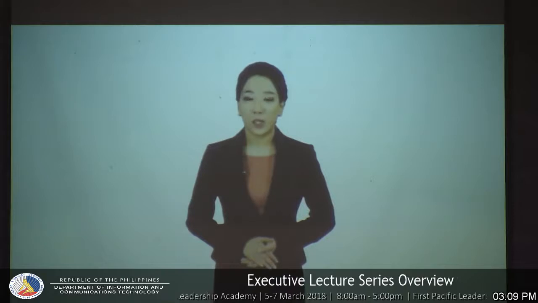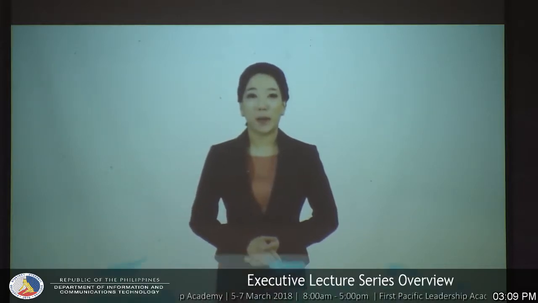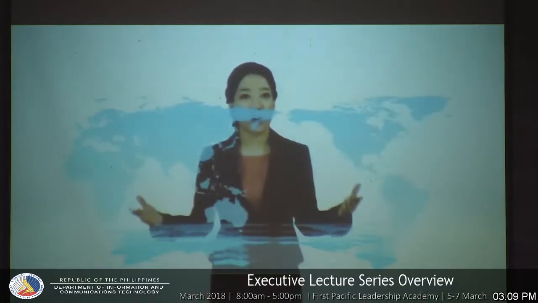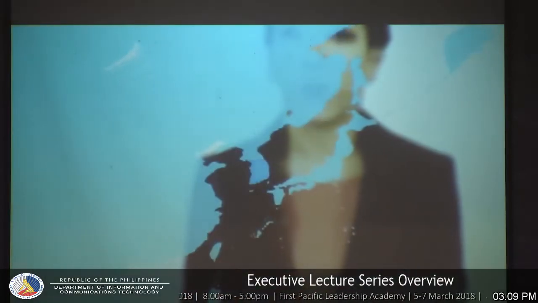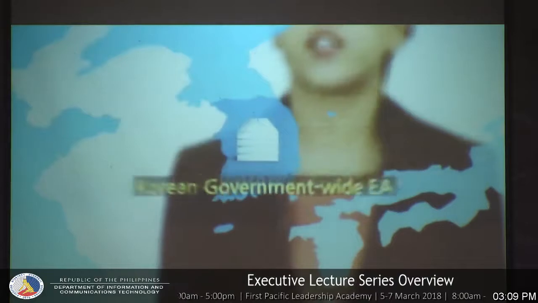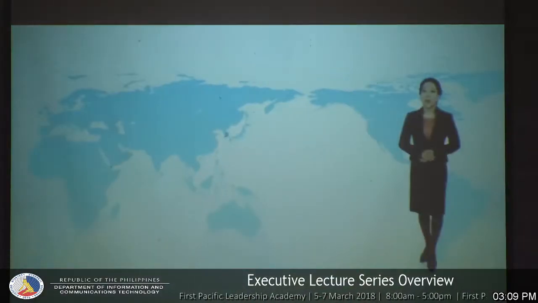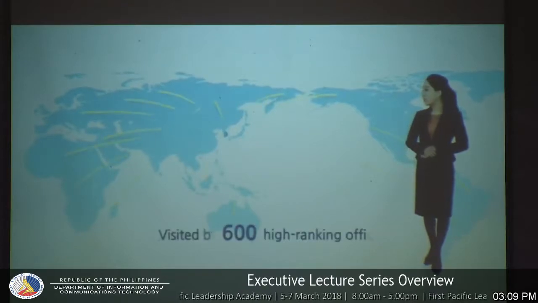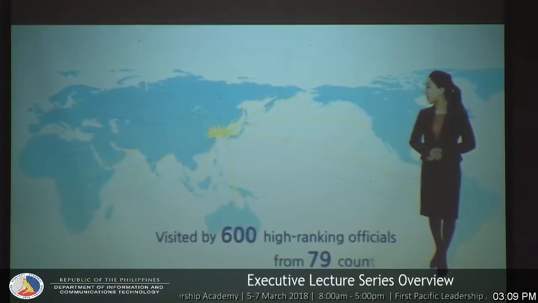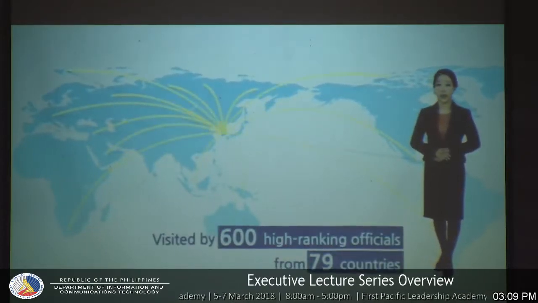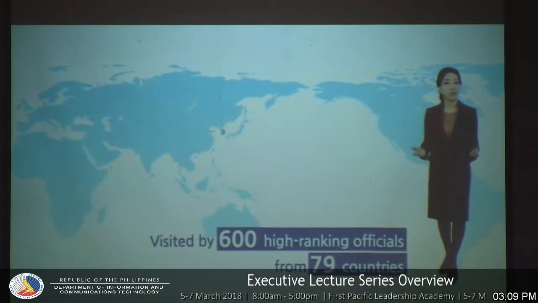As you can see, since Korea's government-wide EA benefits both the nation and its people, many countries around the world have used it as a model for their own programs, since even the early stages of development. Over the past 2 years, 600 individuals from 79 countries have visited Korea to learn about Korea's e-government system.